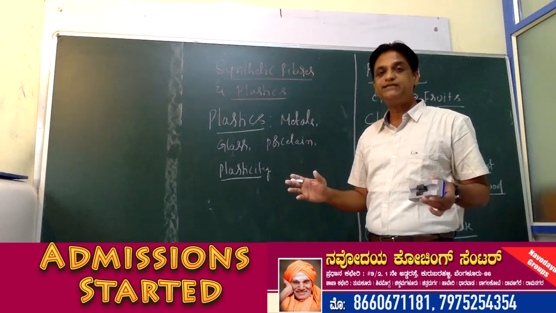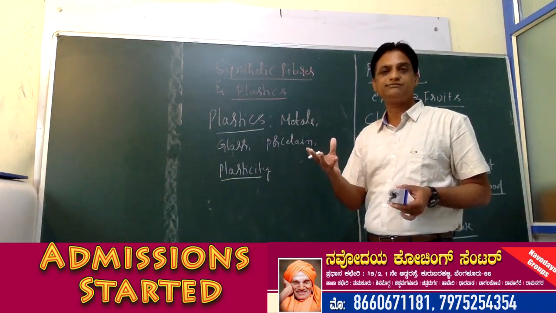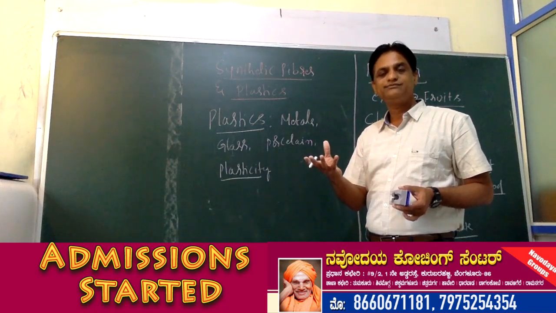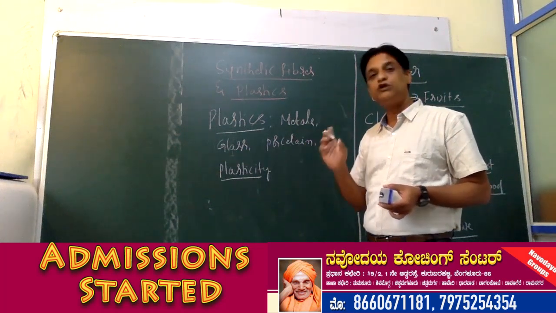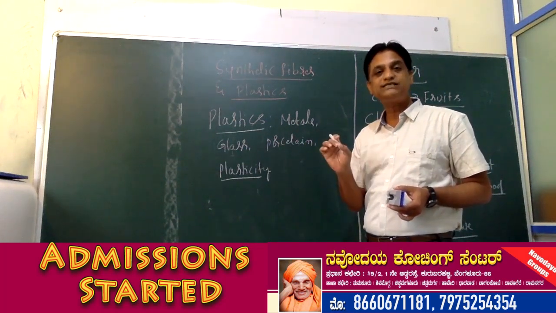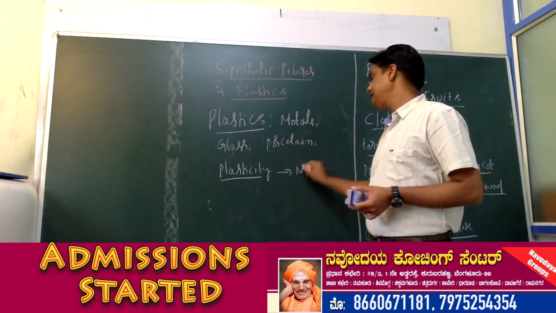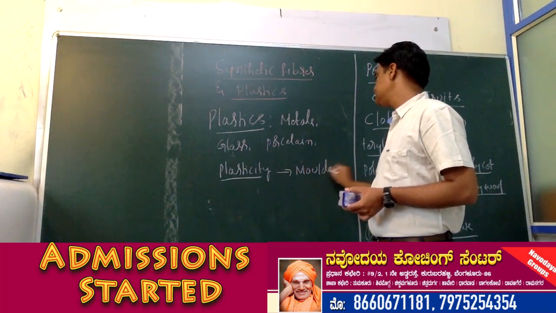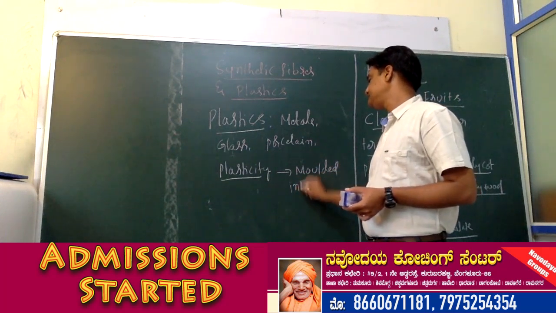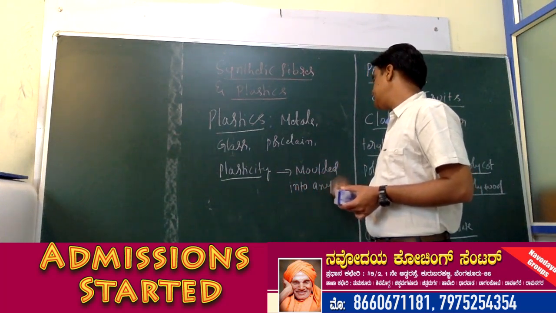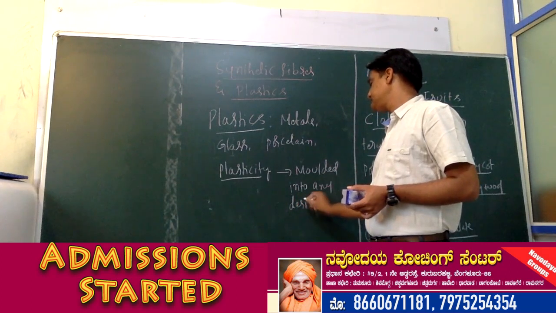Plastic materials are prepared by heating. On heating, they get converted into a molten state, and in that molten state they possess plasticity, and as a result they can be molded into any desired shape easily.